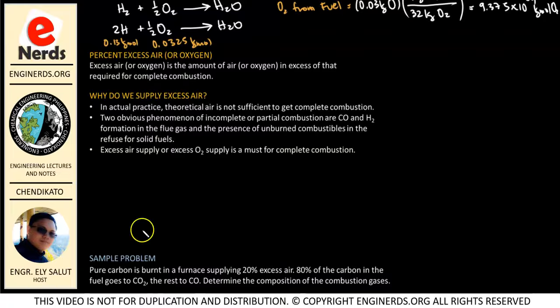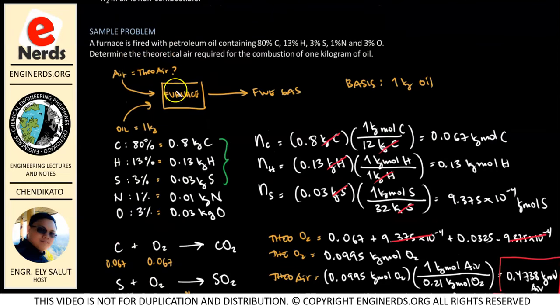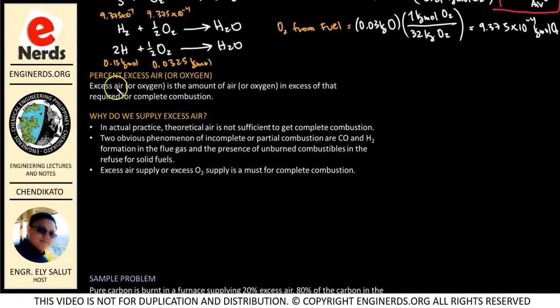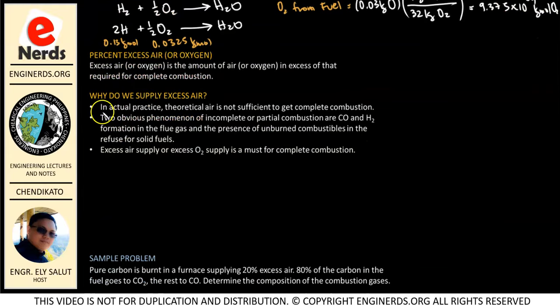Why do we do that? Bakit tayo nagsusupply ng excess air? Bakit hindi na lang pag meron tayong furnace, na-compute na natin kung ilang oxygen ang kailangan natin, bakit hindi na lang yun ang isupply natin na air? Why are we giving excess air? Okay? So, in actual practice, sa industry, no, theoretical air is not sufficient to get complete combustion kasi marami tayong ibang mga effects or mga factors na nakaka-epekto sa ating combustion process.